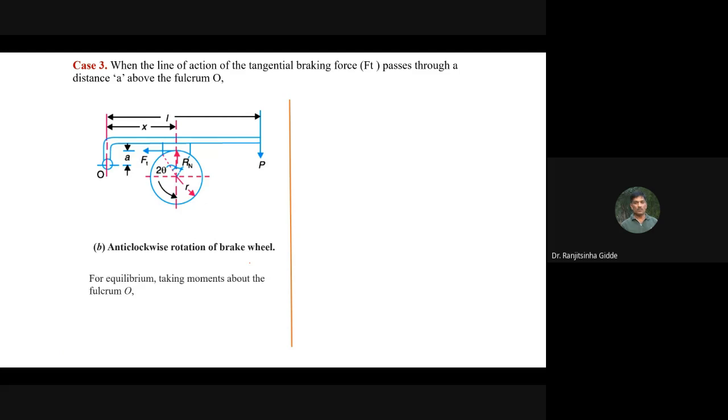Now we will check that also. Okay. For the equilibrium, again they have written like this. So normally we can write: Rn into x minus P into L minus Ft into a is equal to 0.